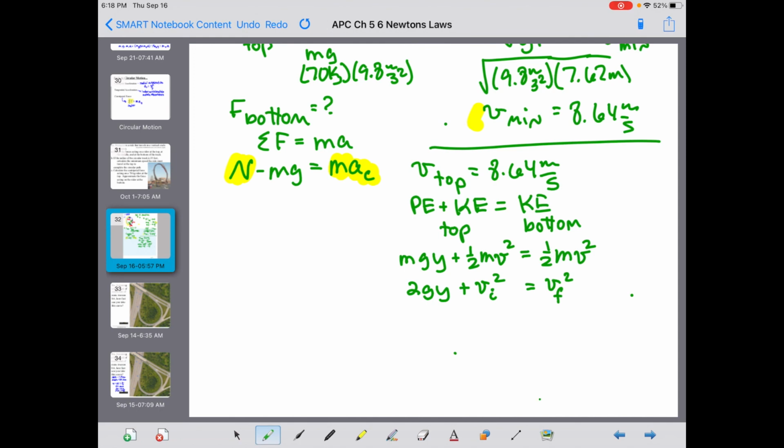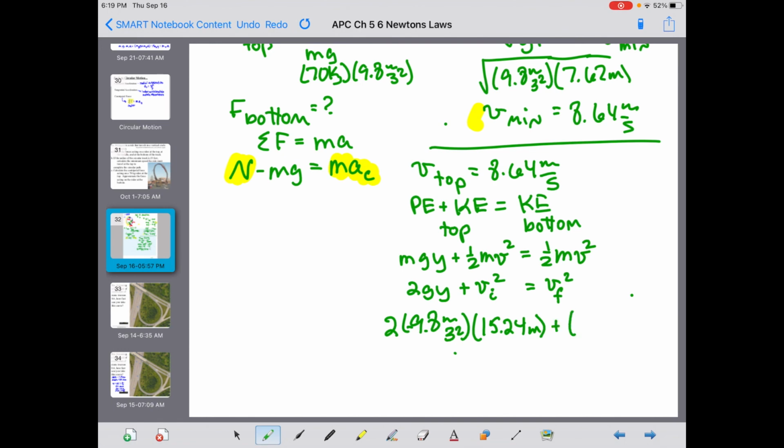This is going to be 2 times your negative 9.8 times the distance down. That's going to be the radius of the circle, 7.62 meters, so then we're going to be at 15.24 meters for that total vertical distance, plus vi squared.